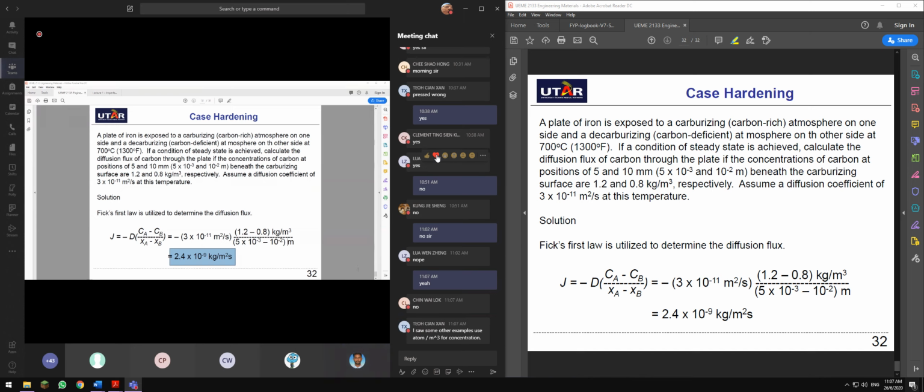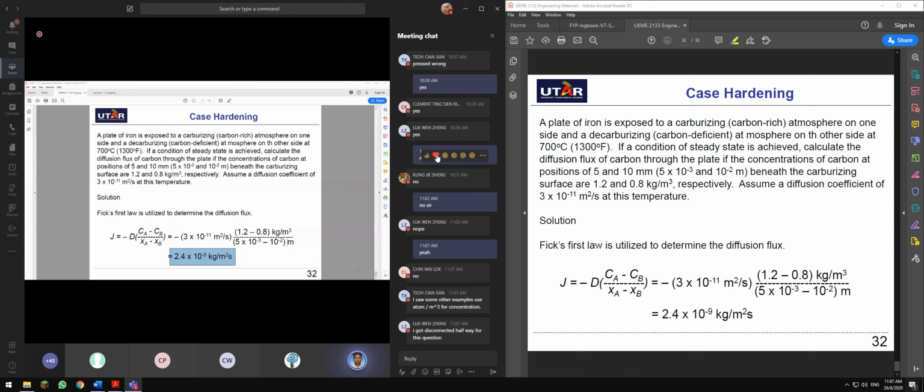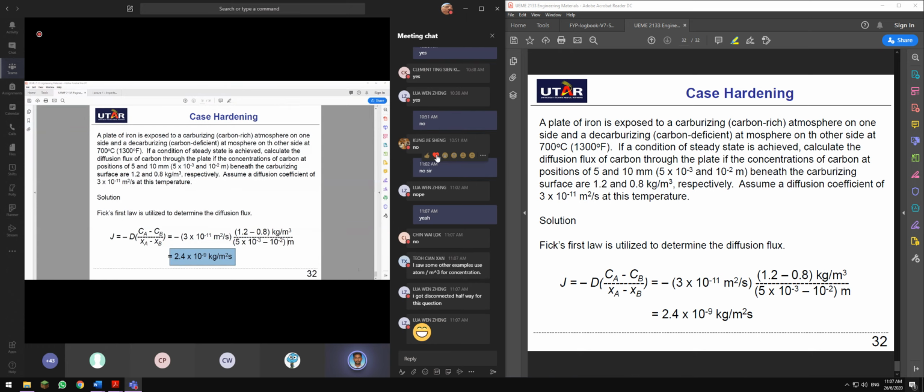I saw some other example that uses atoms per meter cube for concentration. Yes, you can convert those. You can convert those from concentration to weight percentage concentration as well.